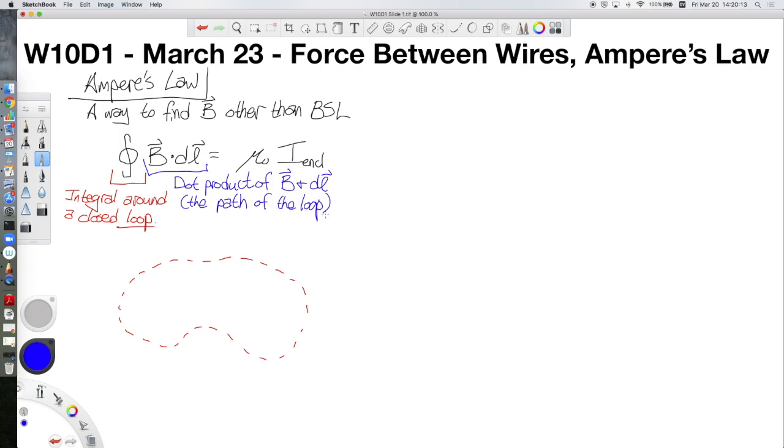So as we go all the way around this loop down here, for each chunk of length, we will find B dot dl. Maybe we're dealing with this small chunk of the loop right now.